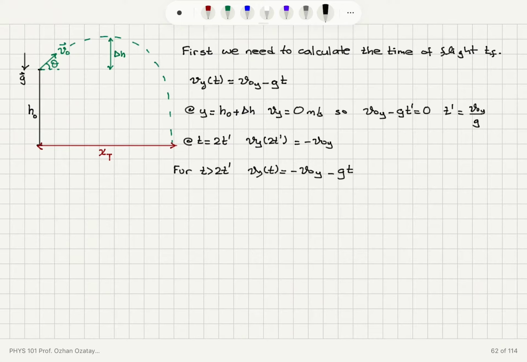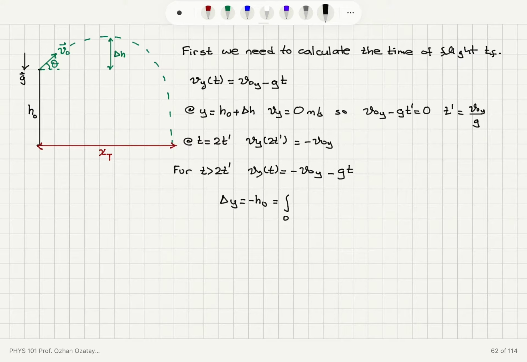So delta y, the distance we travel with this velocity, will be minus h0. We start at h0 here and we're going to 0, so delta y is minus h0. This will be the integral from time t equals 0 to delta t.